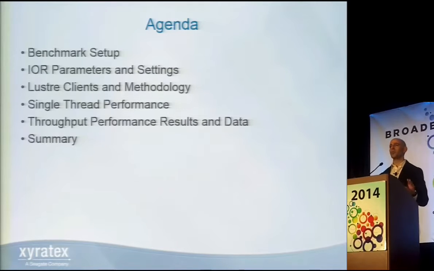Then I'm going to go through 2 different comparisons of the client performance. One is solely comparing single thread performance, and the other is looking at the throughput comparison of maximizing storage performance. And then formalize it, share all the data results, and come up with some summary remarks that I found quite interesting looking at the comparisons.